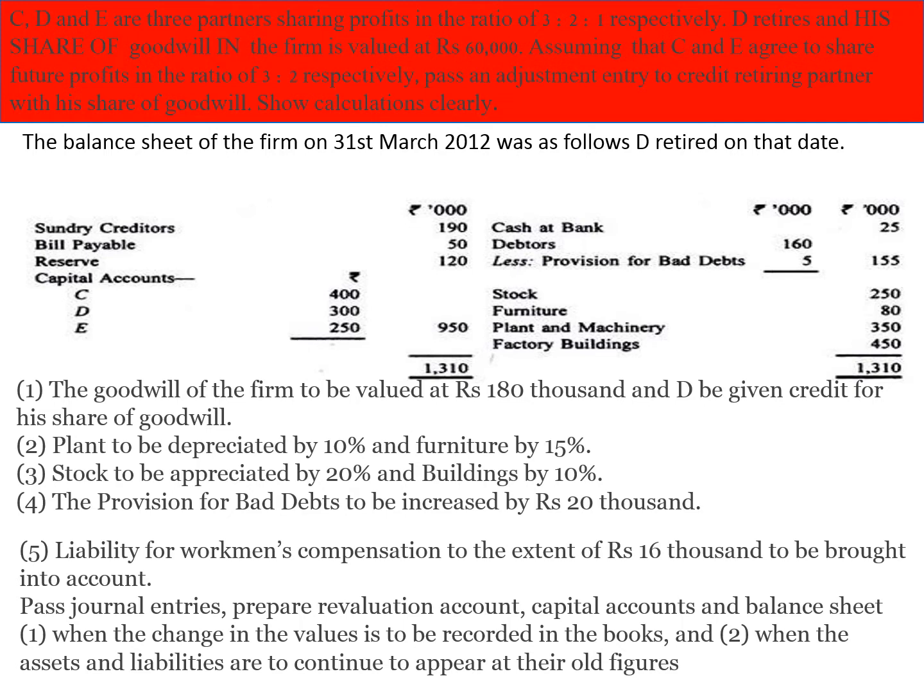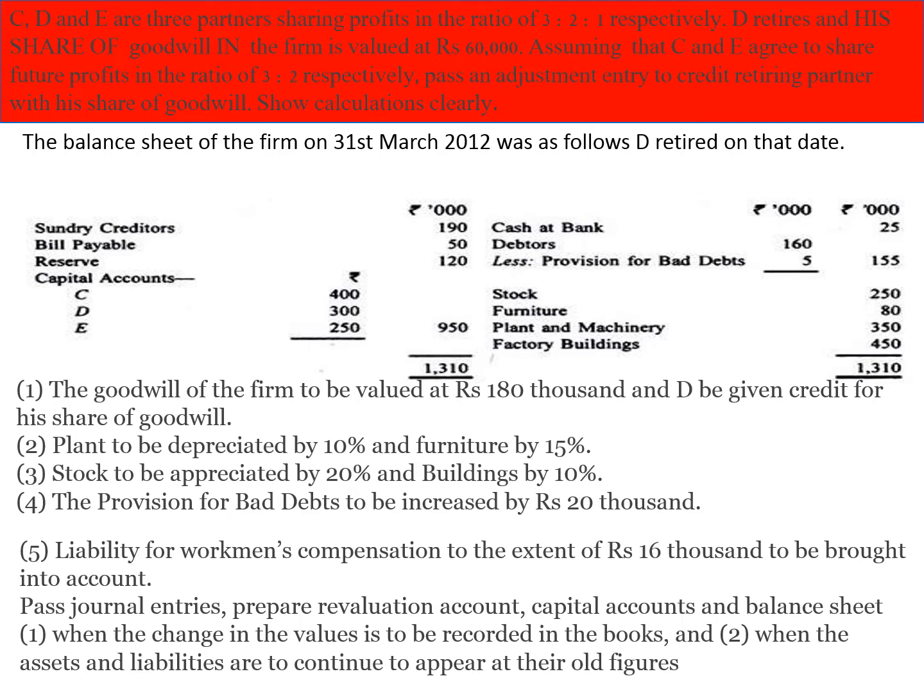Because 60,000 will be transferred to D, it will be taken from C and E. In which ratio? In gaining ratio. How will we calculate the gaining ratio? New share minus old share. New share of C and E is 3:2 and old share is 3:2:1.